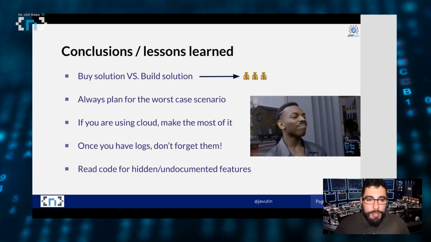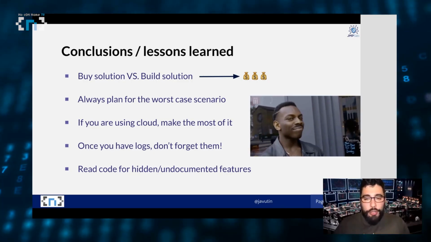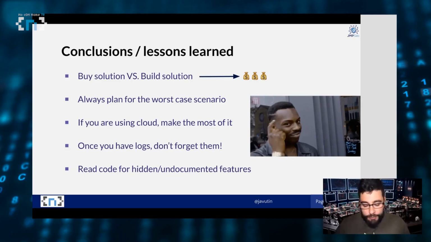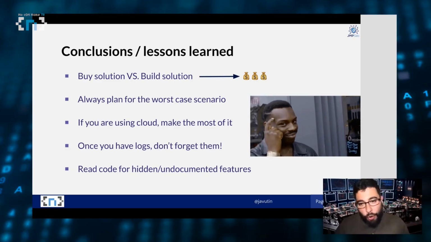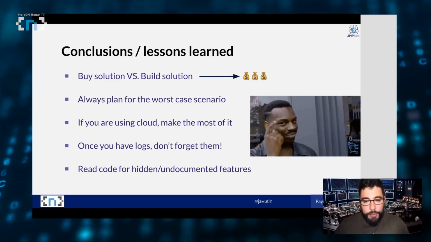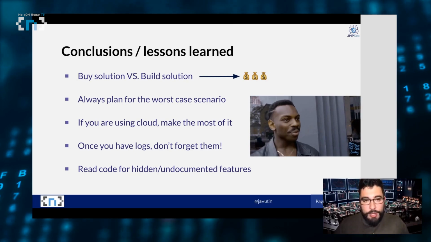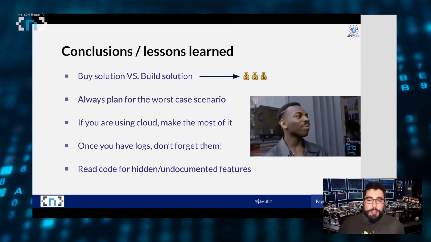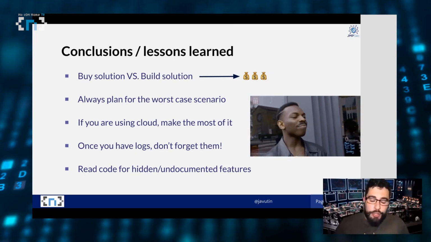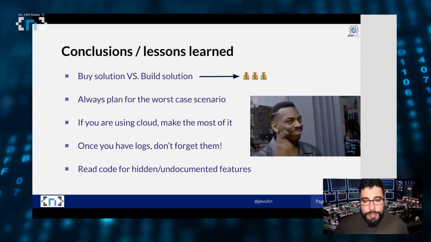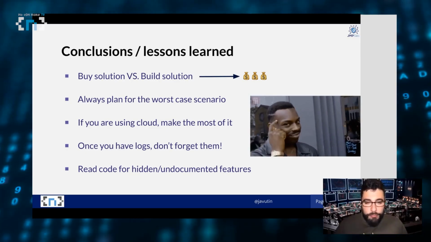Whether you build or buy a solution, you are always going to spend money, either to pay for the solution or for the engineering effort required to build it. Even for open source solutions, there is still that spend.